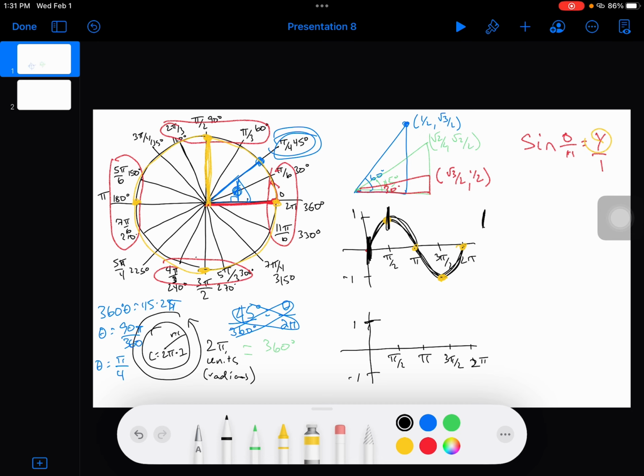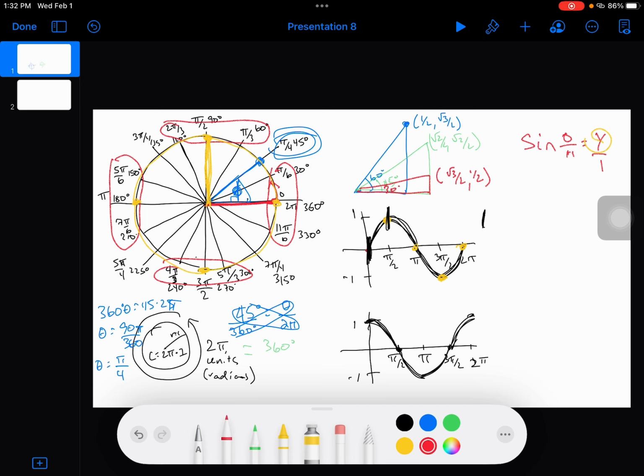It starts at 1, going down to 0 at pi over 2, then down to -1 at pi, and up to 0 at 3 pi over 2, and ending back up at 1.